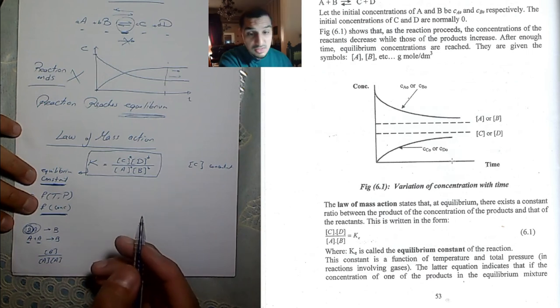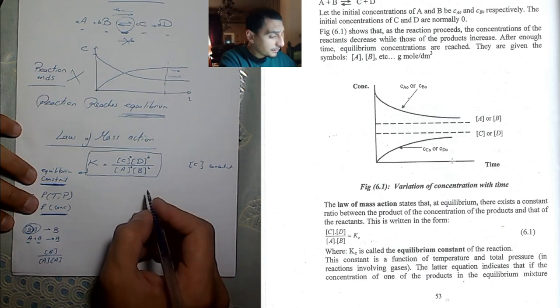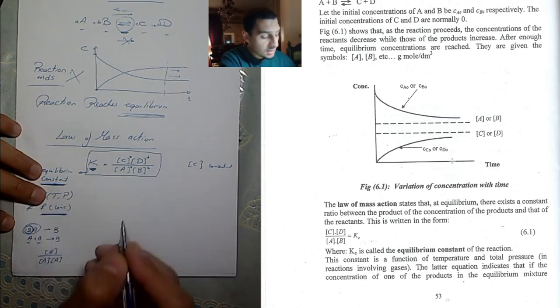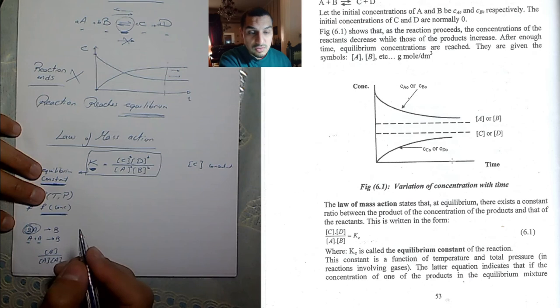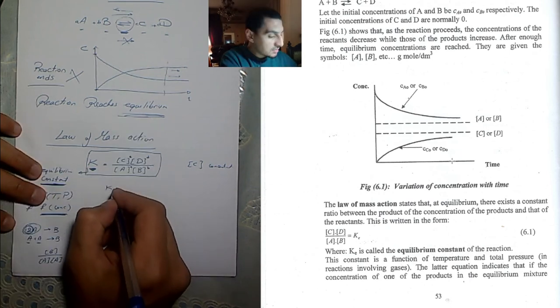There are some points that we need to keep in mind. First is that the value of K will indicate how far the reaction will proceed in the forward direction. So let's say that K is a big number.